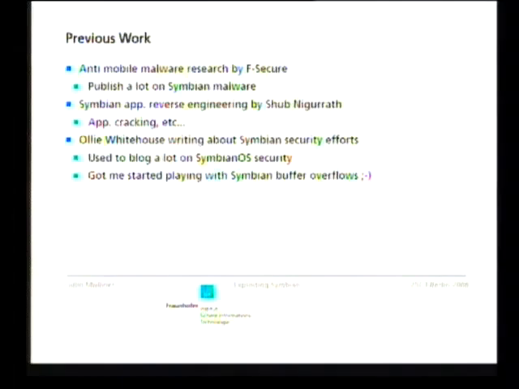There has been some previous work, so companies like F-Secure in particular, they publish a lot on Symbian security, especially on malware. Then you have, of course, the application and game cracker people who mostly publish reverse engineering stuff.